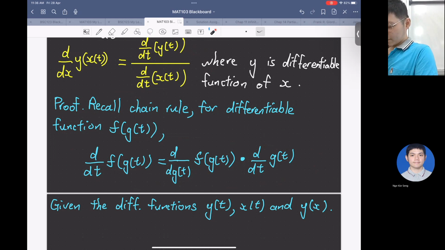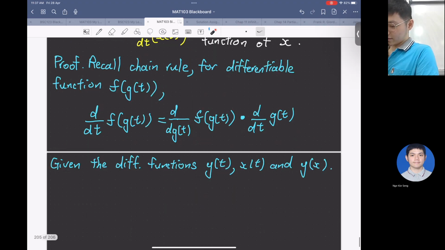So you can let f to be y(x), and then g is x, and then t is due to t. Okay, so let's try it out.